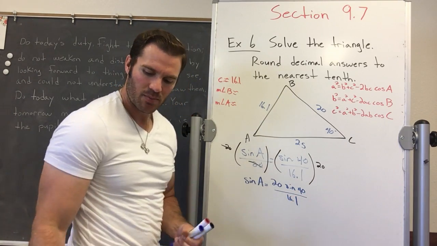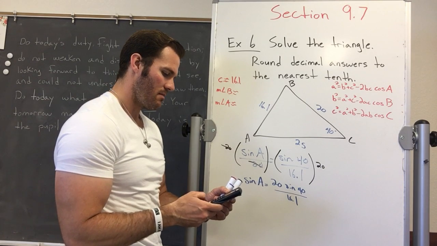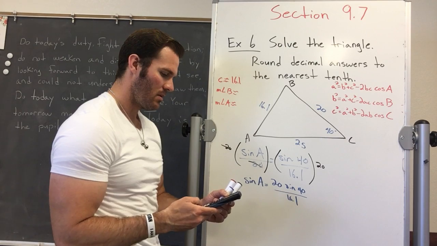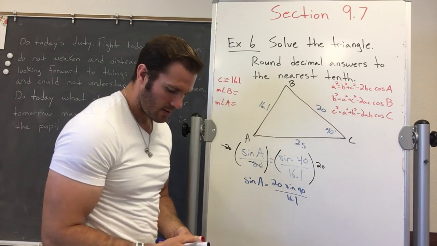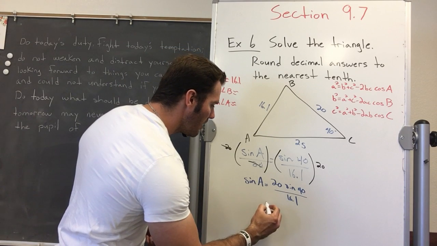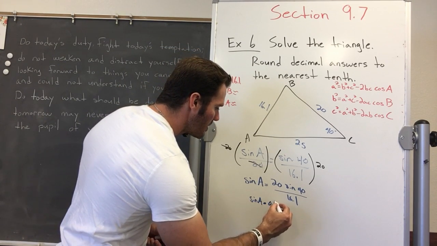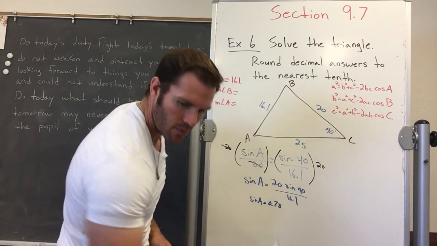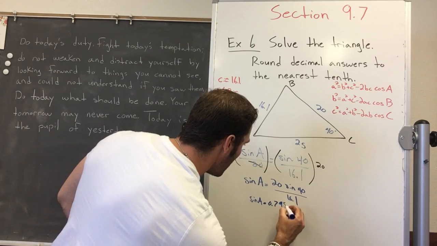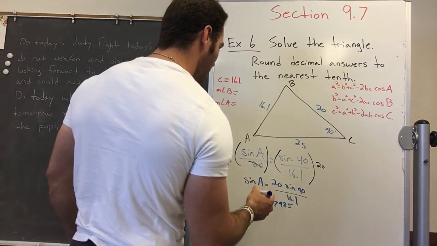Okay, let's put that in the calculator. 20 sine 40 and divide that by 16.1. I get 0.7985. I'm sorry, it's going at an angle because I'm writing sideways.